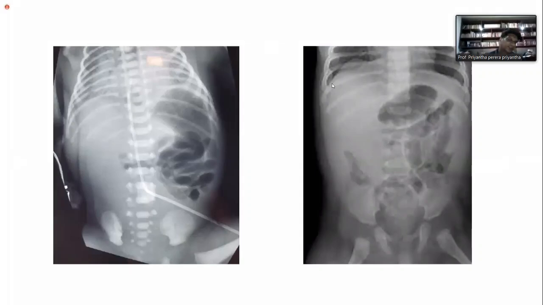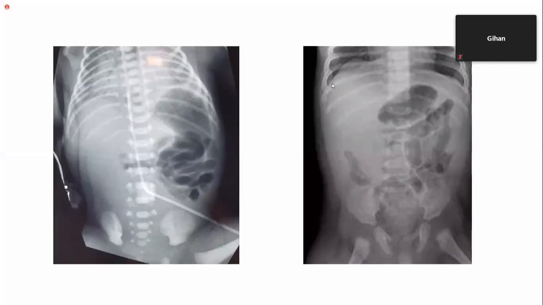Now what is this? This child had bile-stained vomiting and was not tolerating feeds. What is the diagnosis? There are two X-rays, but the same condition in both. What is this? Pyloric stenosis?